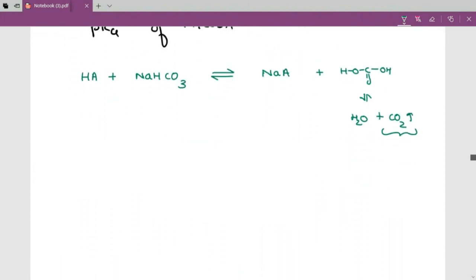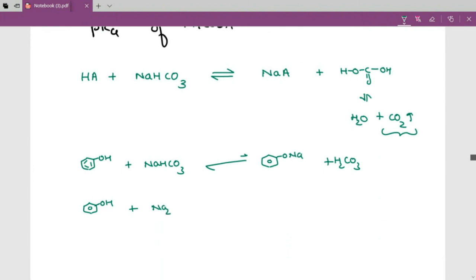But a very important thing you need to remember: when you have phenol plus NaHCO3, the equilibrium is like this. You cannot have sodium phenoxide plus H2CO3. That is true. But when you have phenol plus Na2CO3 and you want to go to phenoxide plus NaHCO3, then this reaction will go forward.